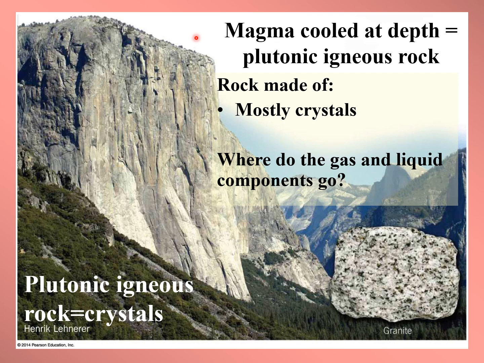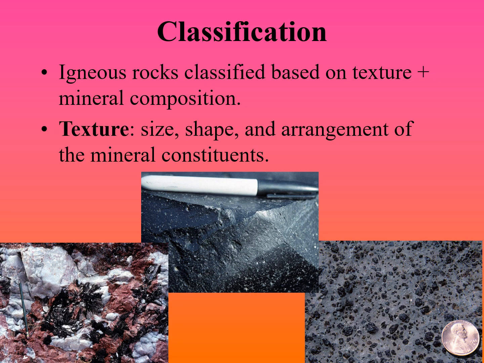But this would have formed deep in the crust at some point, millions and millions of years ago. And we use this to classify igneous rocks. And when we're looking at crystal size and shape, we call that texture. So that's the size, shape, and arrangement of the different mineral constituents in a rock, okay?